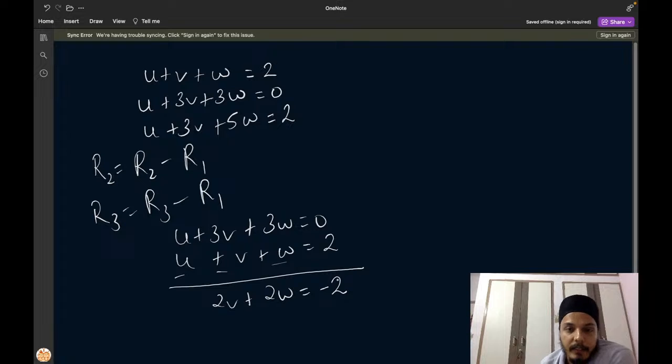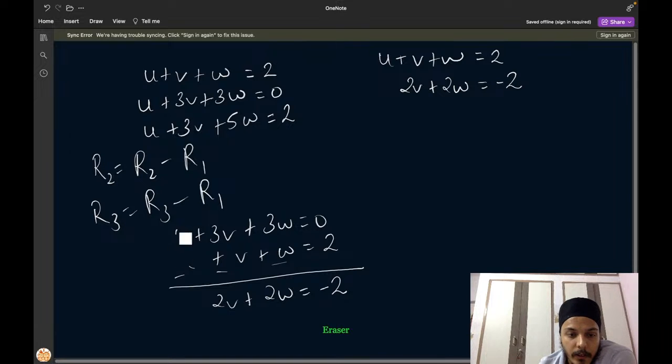This is our second equation. So our new equations are u plus v plus w equals 2 and 2v plus 2w equals minus 2. Now let us do our third equation.